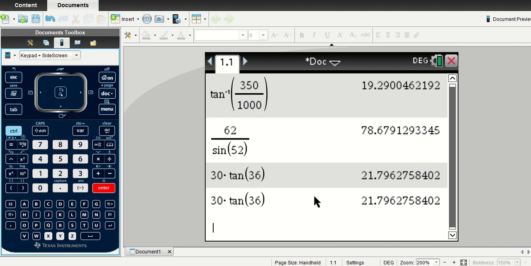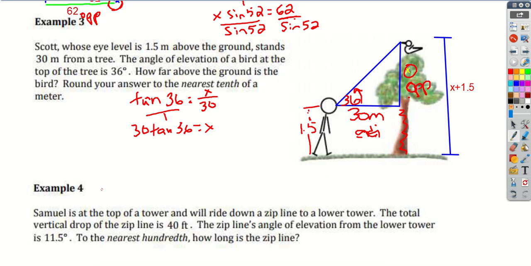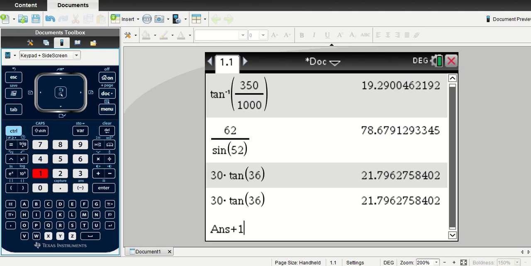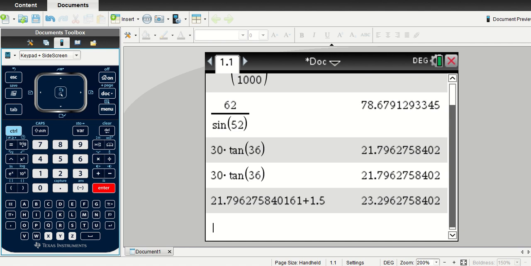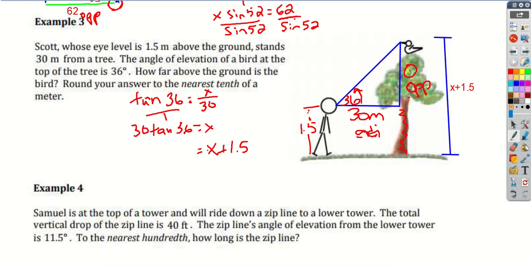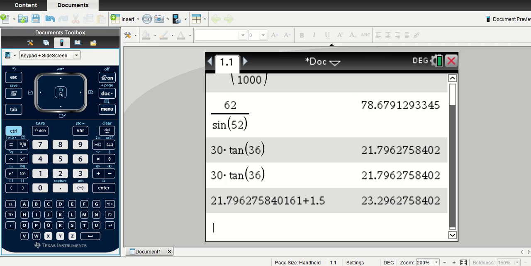And essentially what we're going to want to do is take that expression and add 1.5. So if I add 1.5 to that, and then we'll round it, it would be 23.3.